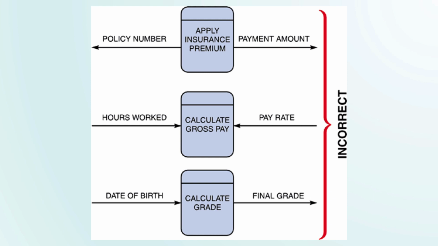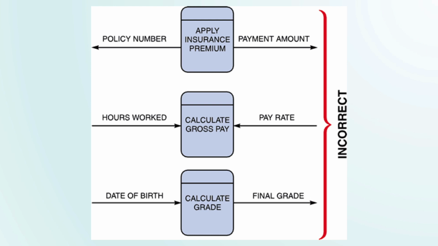The last situation is the grey hole. In the grey hole situation, there is no sufficient input to produce a particular output. In this example, the input is date of birth, the process is to calculate the grade, and the output is the final grade.